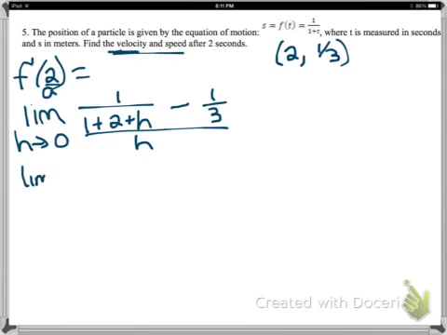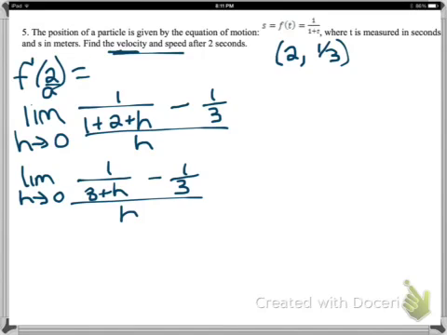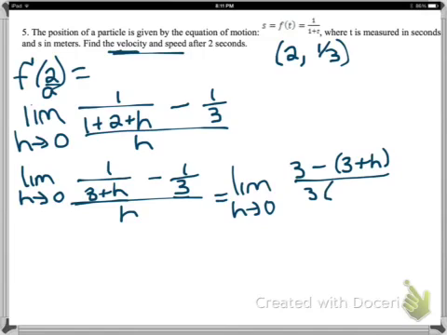So this just becomes the limit as h goes to 0 of 1 over 3 plus h minus 1/3, over h. I'm going to find the common denominator, which would be 3 plus h times 3. So I'd have 3 minus 3 plus h over 3 times 3 plus h, all over h.